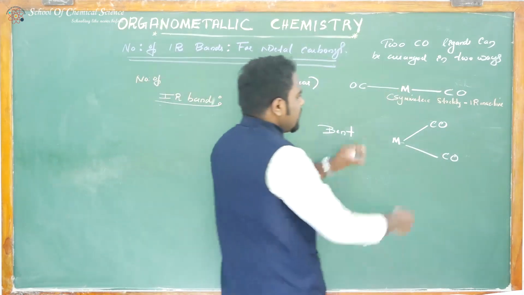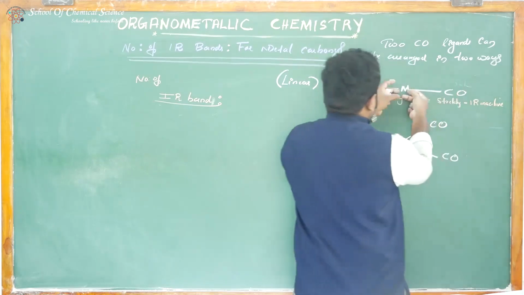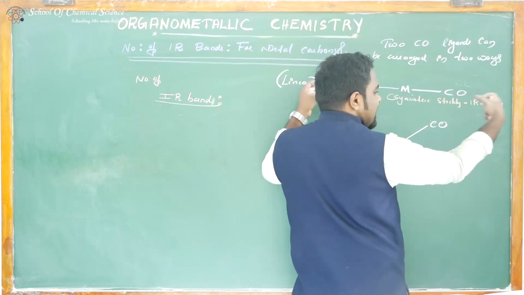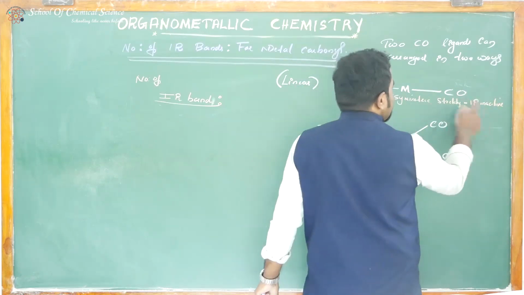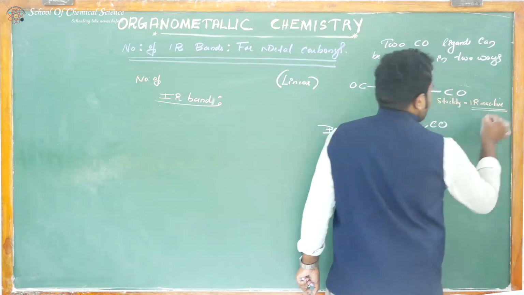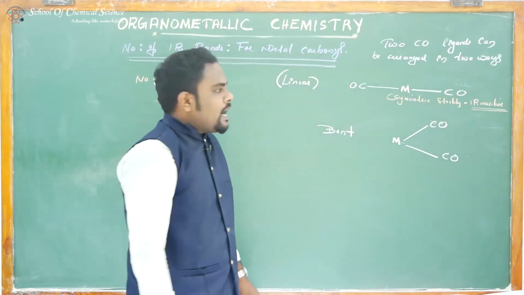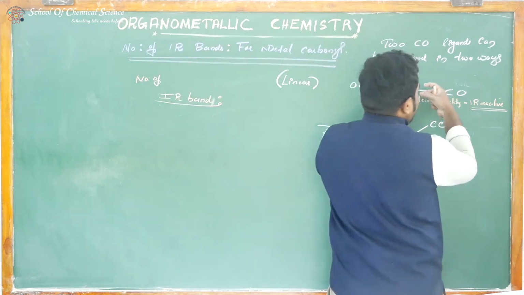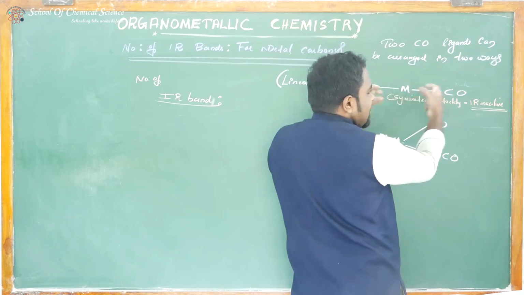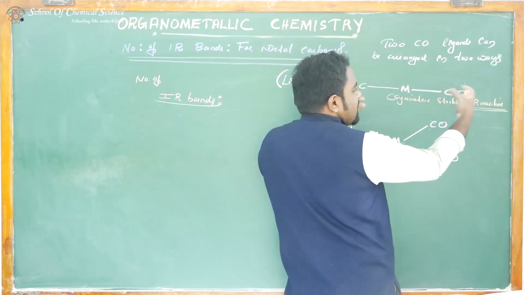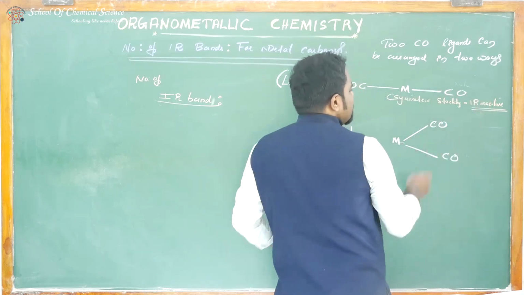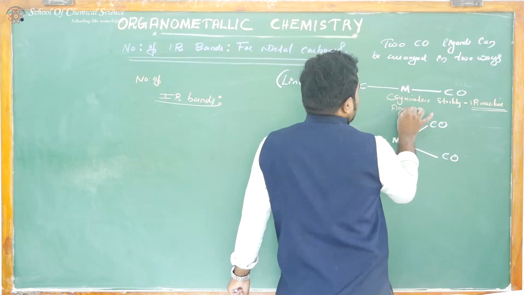Why? If you are stretching this metal carbon bond and this metal carbon bond symmetrically, then that will not produce any change in dipole moment, and symmetric stretching for a linear metal carbonyl is IR inactive. At the same time, if one metal carbon bond is stretched, then the other is compressed. So that is an asymmetrical type of stretching, where both bond lengths are different. So asymmetrical stretching is IR active.